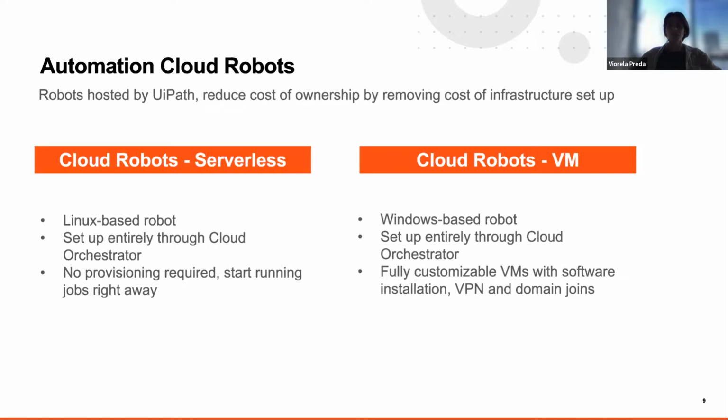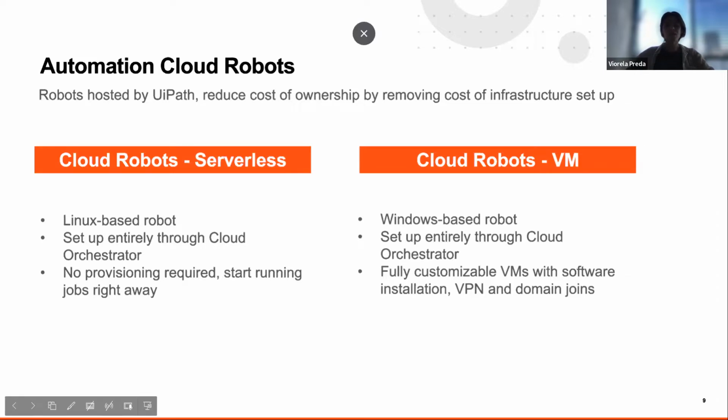And the Cloud Robots VM, which is more easily understood because it's basically our current unattended robot, but hosted by us, by UiPath, on Windows machines. The advantage here is that there is no need to install your robot, no need for infrastructure, and no need to ask the IT department to set up a virtual machine or anything like that.